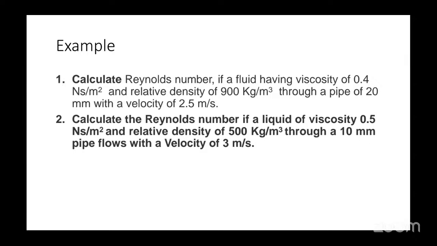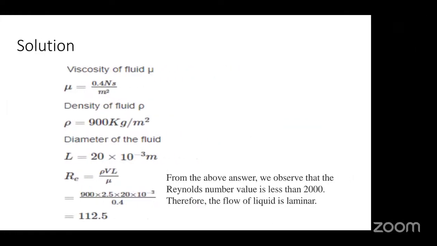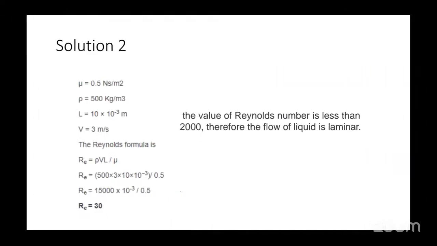If we substitute all the values, that will give us 30. 30 is again far less than 2000, which implies that the flow is laminar.